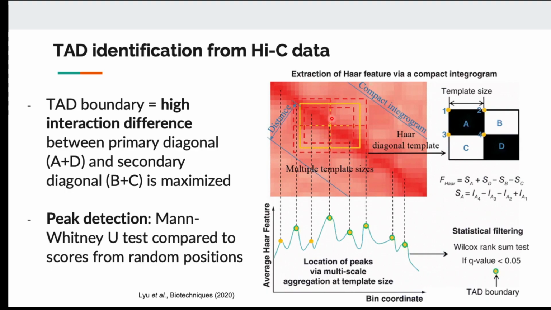So if you count the number of reads inside A, add D, and then subtract B and C, the score should be high if you are at the boundary between two TADs, because that's where you have dark, dark, bright, bright. But if you move your boundary to the middle of the box, you're not going to get as clear a dark, dark, bright, bright pattern, so your score will be low.